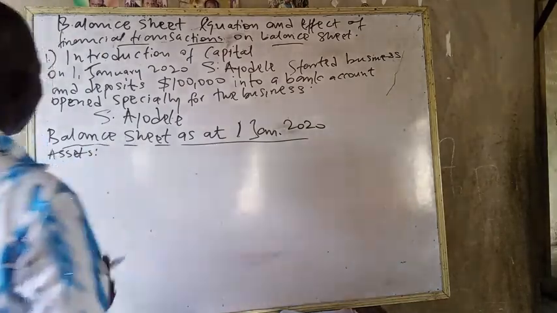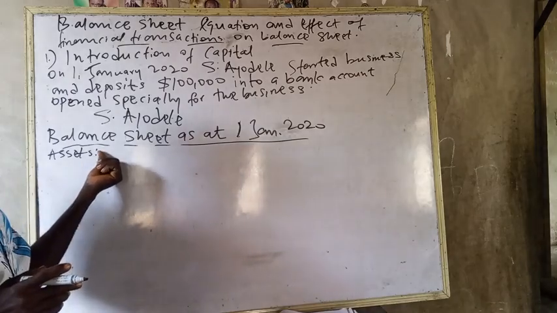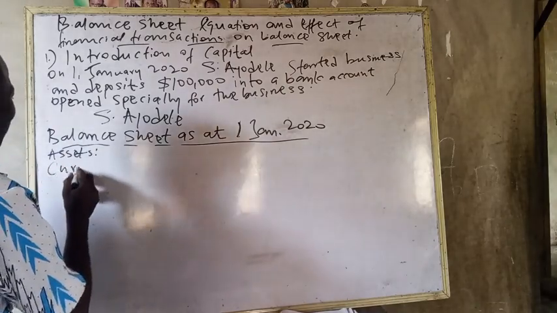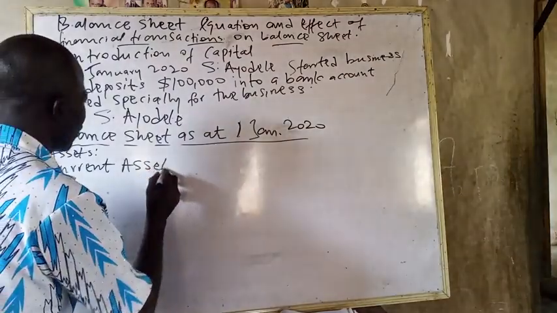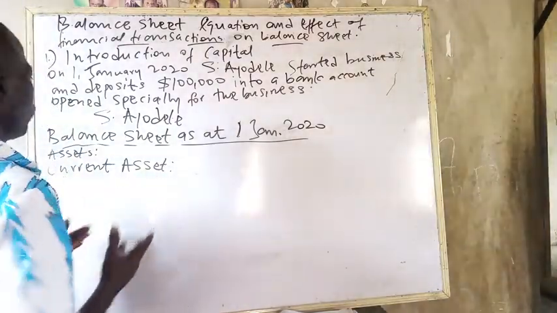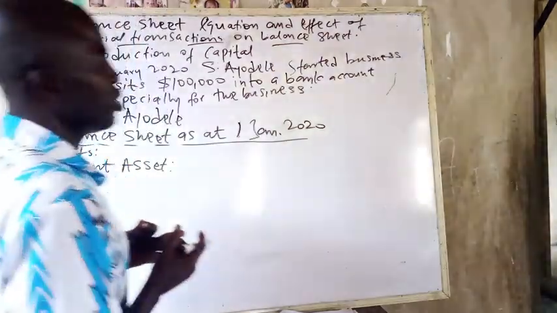And under the assets, we have not gotten to fixed assets yet. Here we are talking about current assets. Under it, we have inventory, we have receivables.